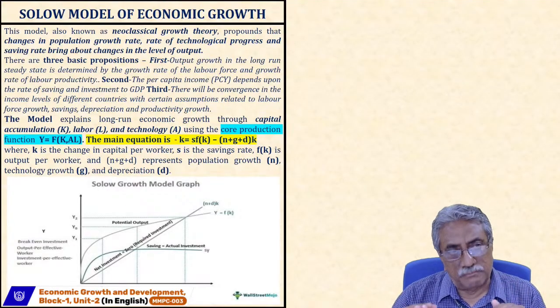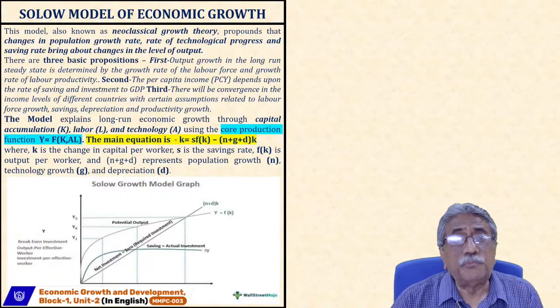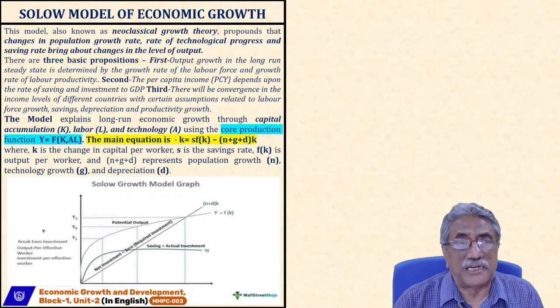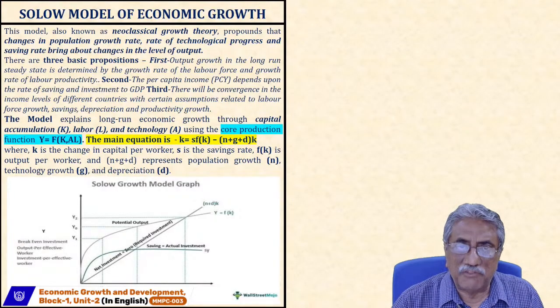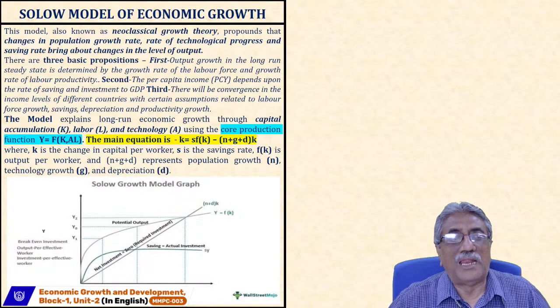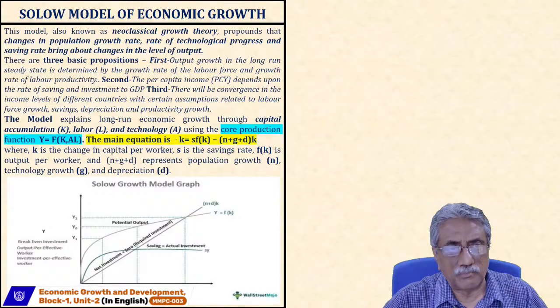But again there are basic assumptions, propositions. First, output growth in the long run steady state is determined by the growth rate of the labor force and the growth rate of labor productivity. So if the labor force is growing and labor productivity is growing, my output is supposed to grow.